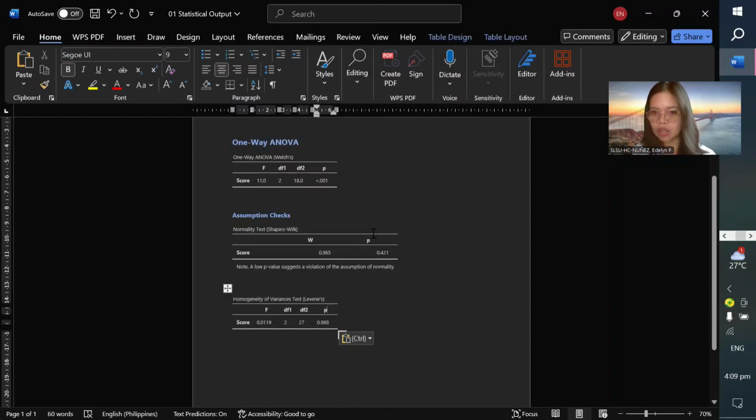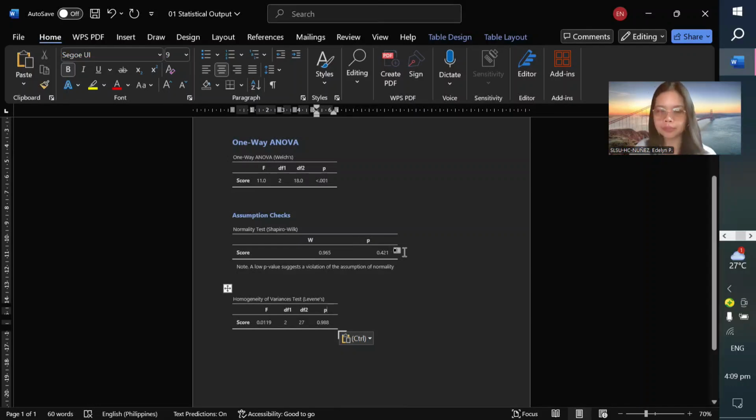Commonly, some researchers only deal with normality, so if there is normality, they immediately use the ANOVA. Take note, if it is normal and there are equal variances, you can use a parametric test, and parametric tests include the ANOVA.